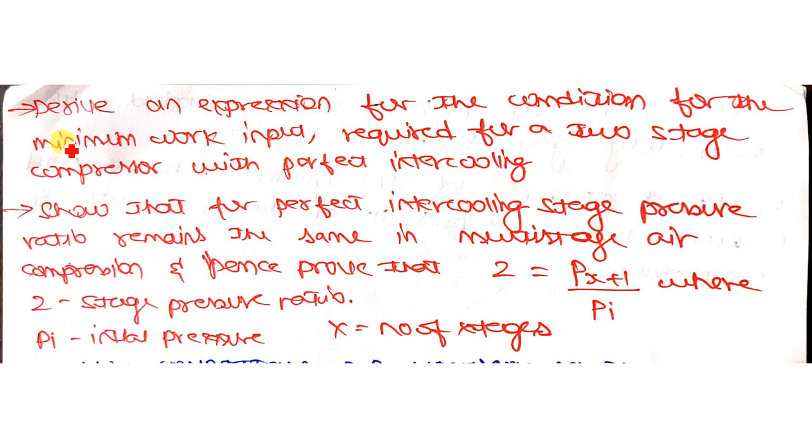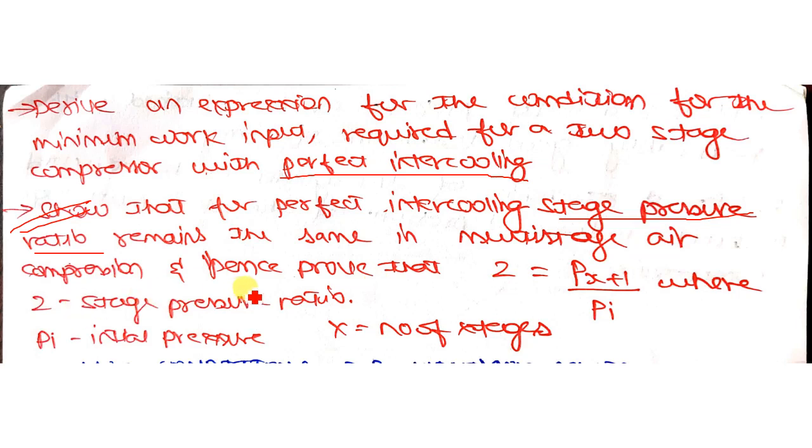Now, derive an expression for the condition for minimum work input required for a two-stage compressor with perfect intercooling. What is perfect intercooling? I will be explaining further. This can also be asked in your examinations. Show that for perfect intercooling, the stage pressure ratio remains the same. Stage pressure ratio means the pressure ratio between the stages, and this remains the same in a multi-stage air compressor.